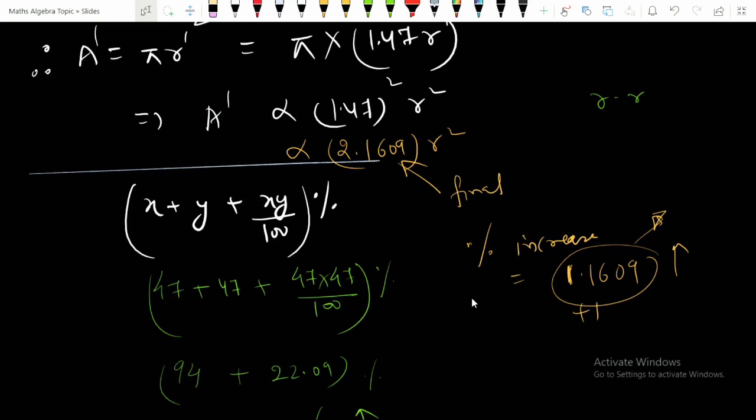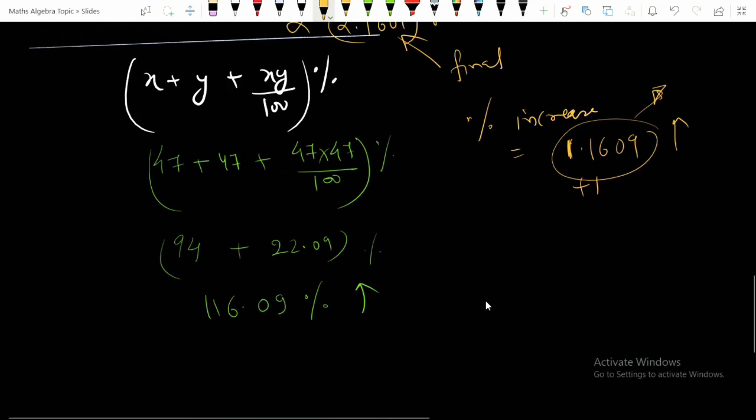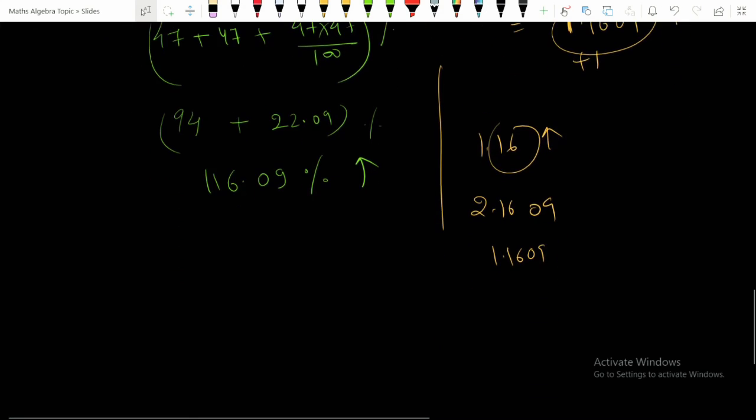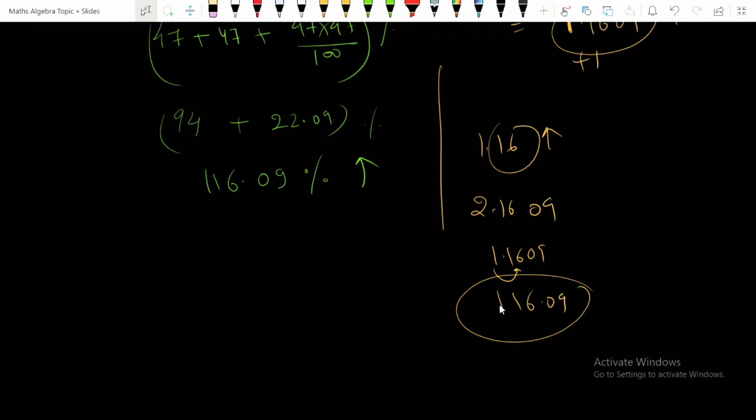Suppose the answer will be 1.16. So what is the percent increase? This will be the percent increase. But here it is 2.1609. The difference is what? 1.1609. It means the percent increase is what? Not 16.09. It will be 116.09, because 1 is extra here. So this is your net percent increase.